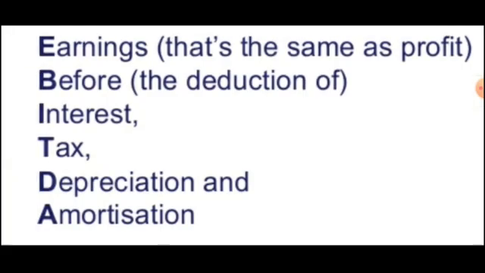The earnings before interest, tax, depreciation and amortization is the difference of cost and sales. When the cost of goods sold is deducted from the selling price, the earnings before interest, tax, depreciation and amortization is derived. Now what are these components?